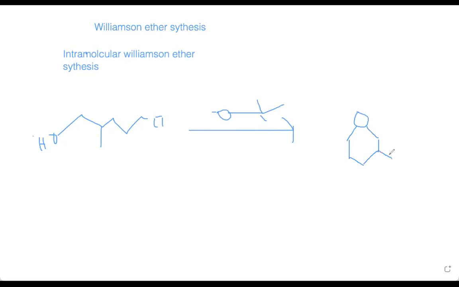And a little note about this. Note 1: must have a compound with an OH and a halogen. Note 2: the O minus, which is the nucleophile.